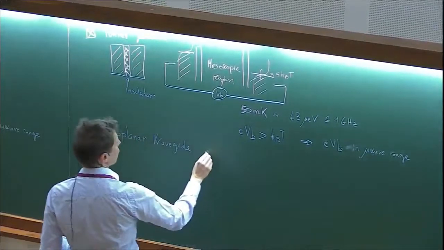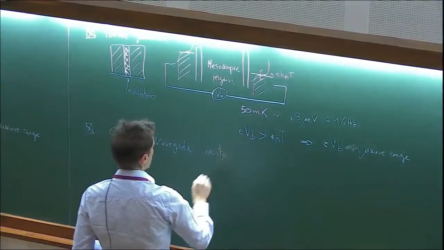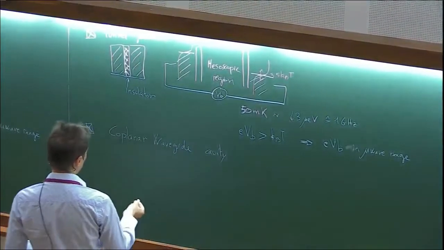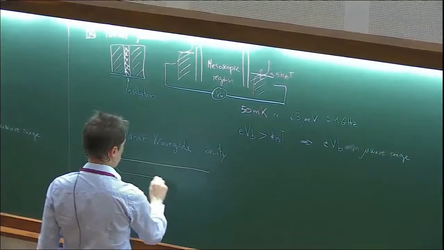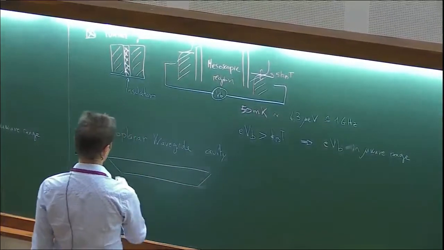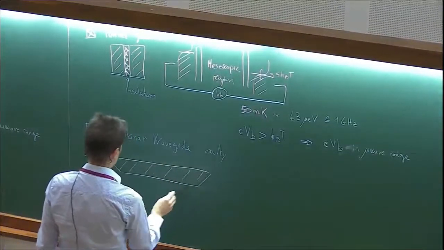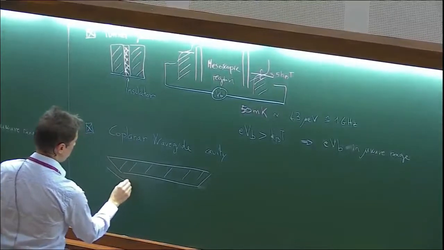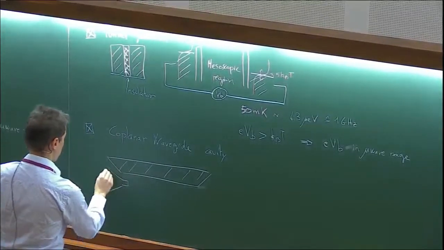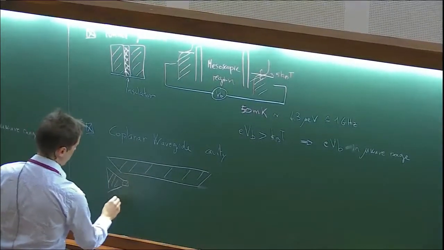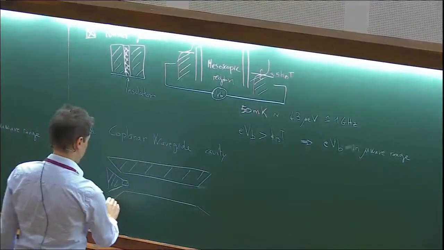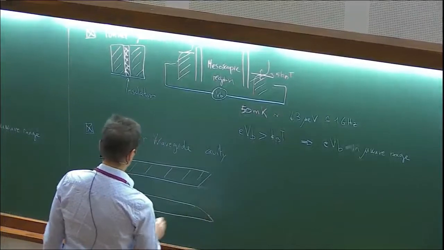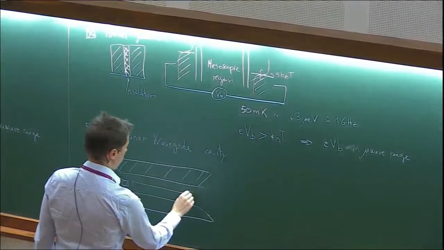So I have a coplanar waveguide cavity, which looks a bit like that. So you have a ground plane here. So you have some kind of launching pad. You have another ground plane here. And then you have a central conductor.